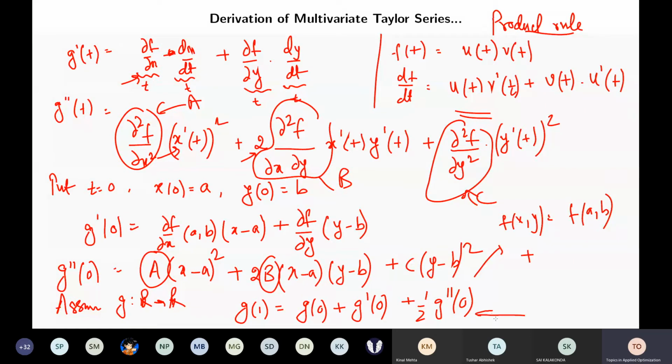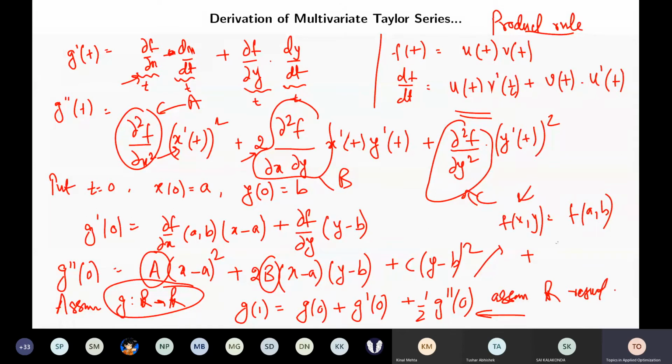Here I have assumed that this Taylor expansion is okay for R to R, and what I have shown you is a Taylor expansion extended to R2. So by assuming our result, we have stopped here, but one can extend this proof to do it for more variables.